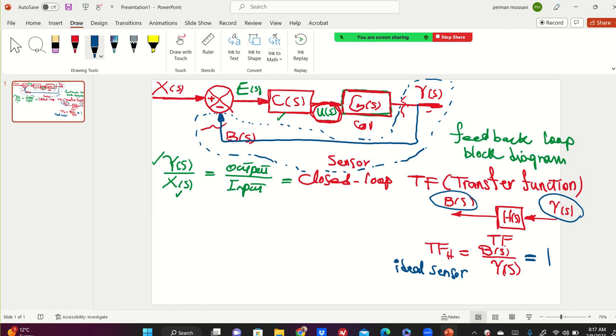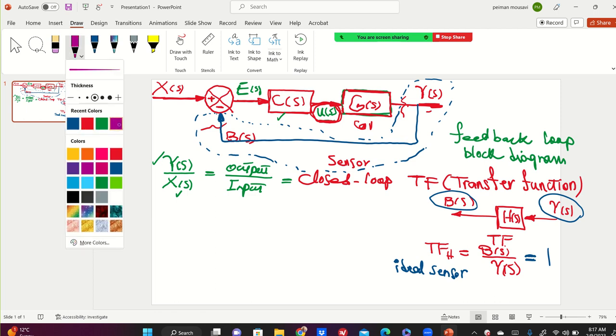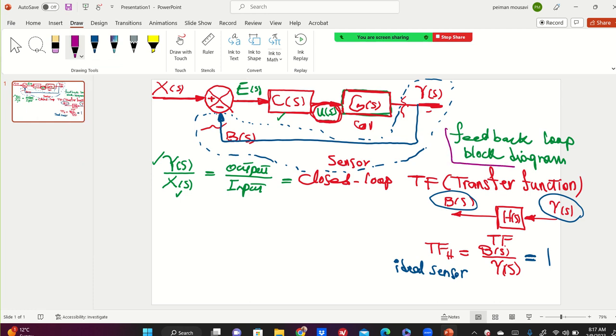Being said that, we have another definition. By removing the sensor, meaning that we have an ideal sensor, we now have a new name for this block diagram. The name is the same as here, with a small change.